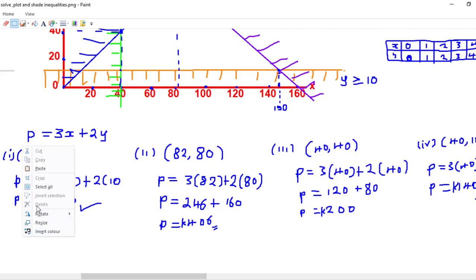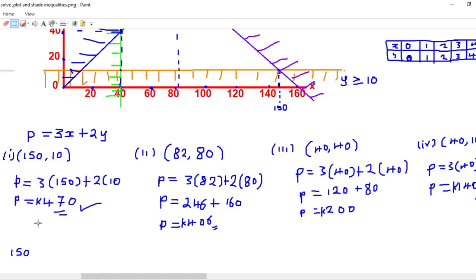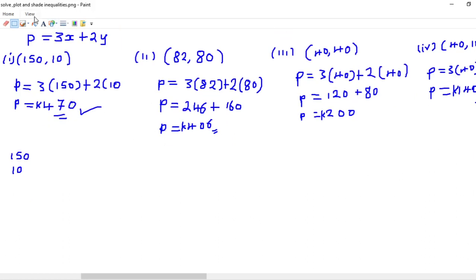So if we need to make the maximum profit, we need to make 150 Hungarian sausages and 10 beef sausages.